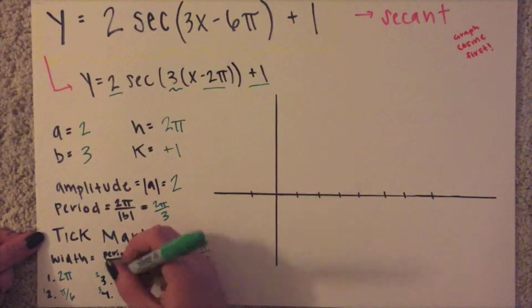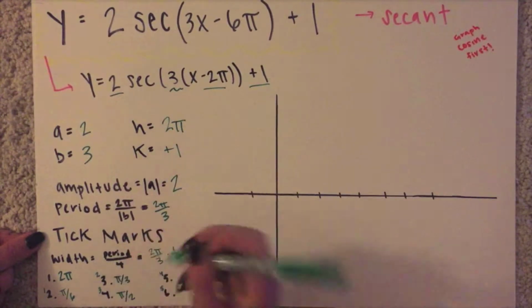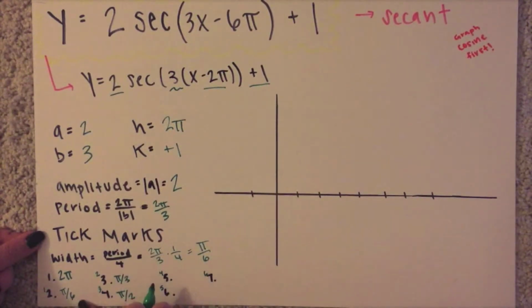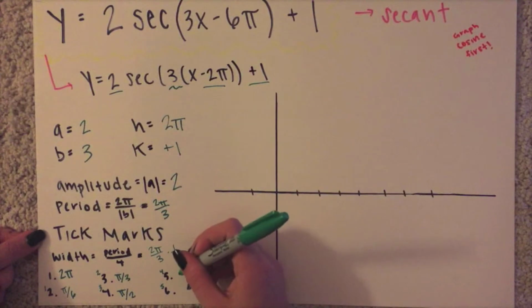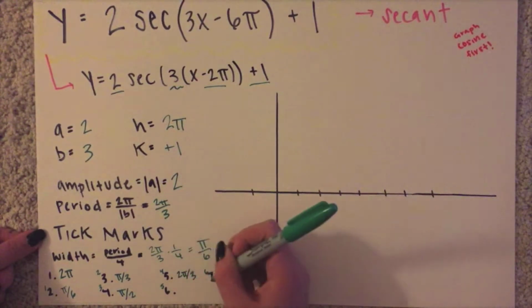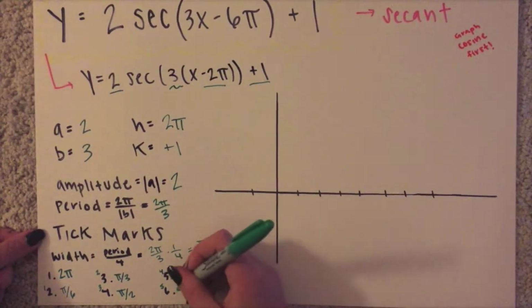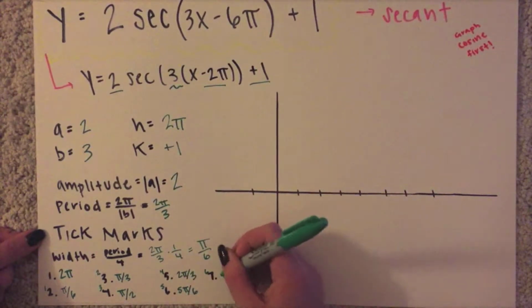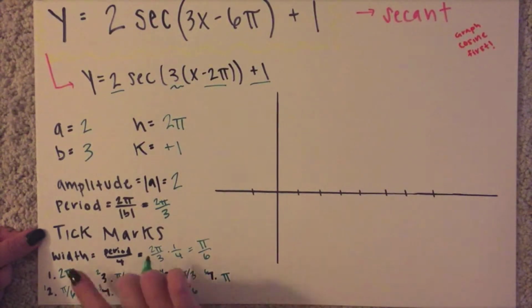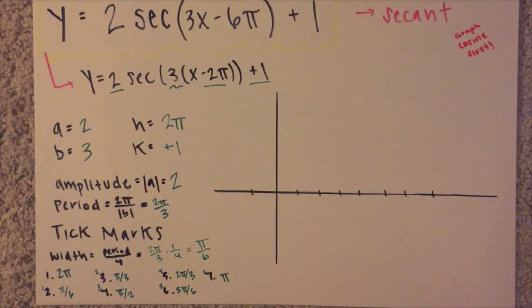This will just make it a lot easier to graph, and it will look better once you do graph it. So I'm just adding pi over 6 to all the values, which if you keep going, you will eventually reach 2 pi. So you have to make sure to double check yourself if you are doing it this way.